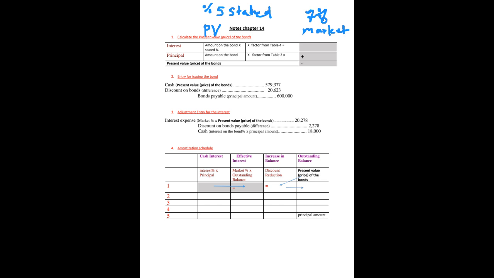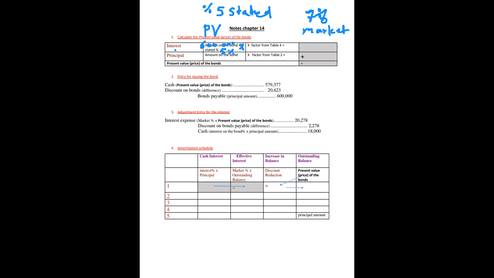We will do it using this table. First, we will use the stated rate on the note itself, which is 5%. So 5% times the borrowed amount, which in this case was 600,000, times the factor. The factor for the interest, we will take from table 4, because it's multiple payments during the years.